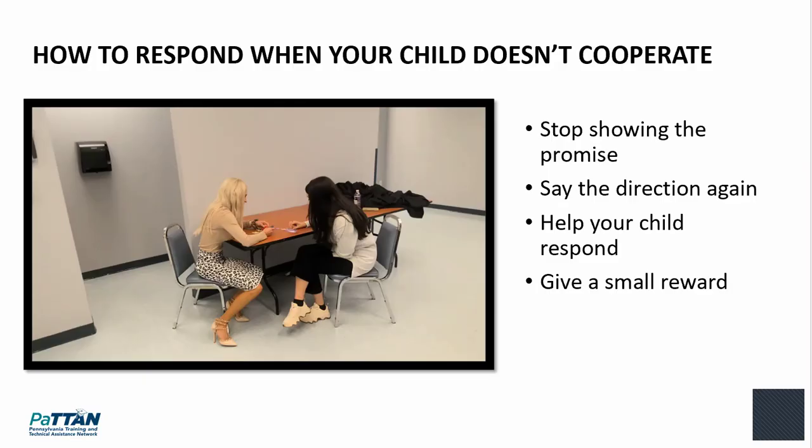You presented the direction and now they do anything else other than cooperate. They may present some challenging behavior or even just not doing it can be challenging. So if your learner doesn't cooperate, you want to be prepared with how to respond. Here's how you're going to respond most effectively, but also safely.